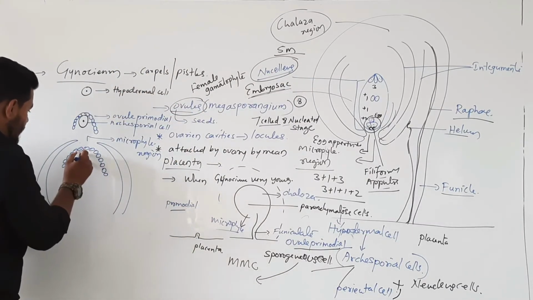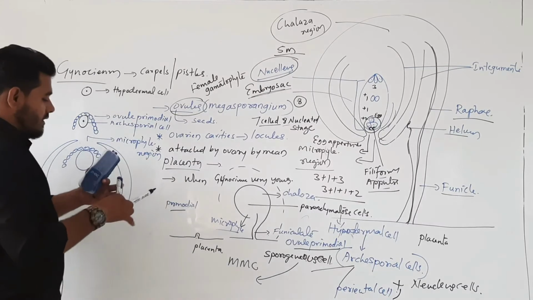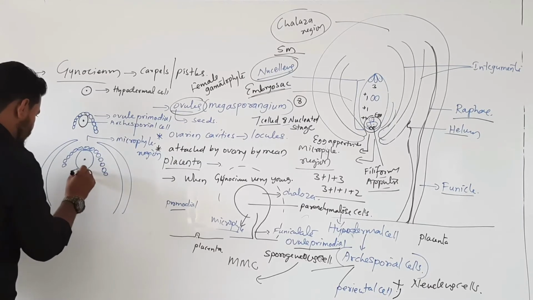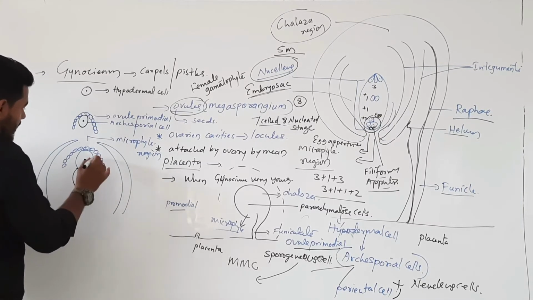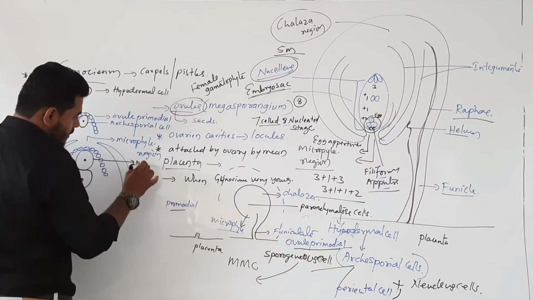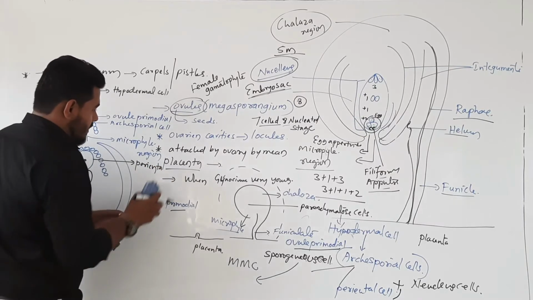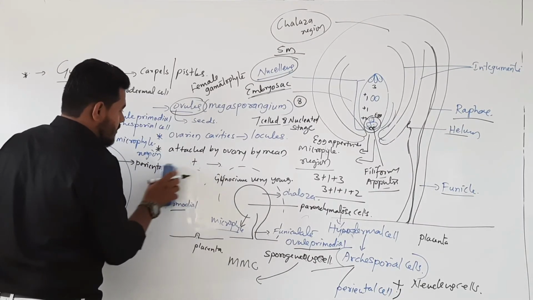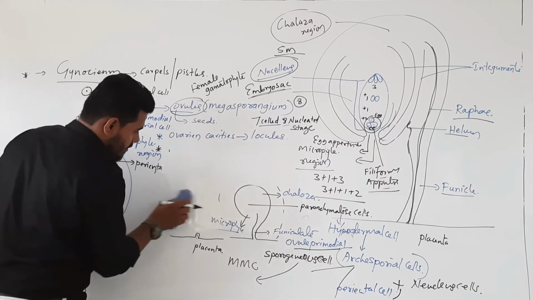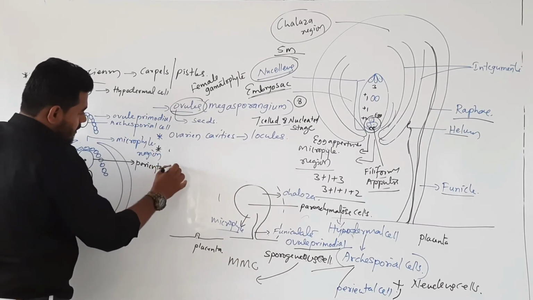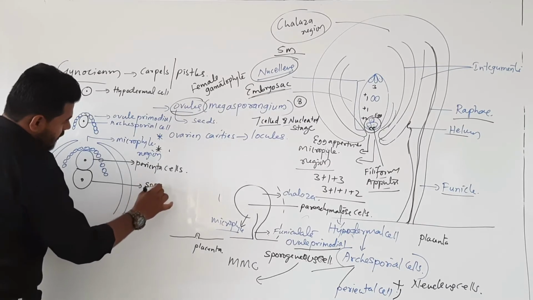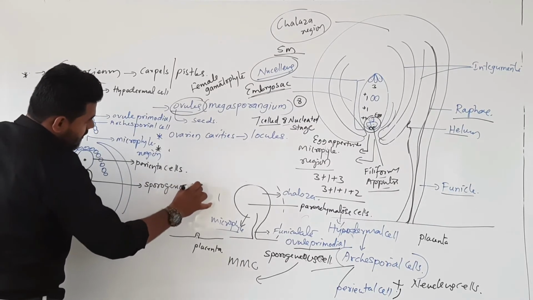Now this archesporial cell divides into two regions. This is called the parietal cells, and this is the sporogenous cells.